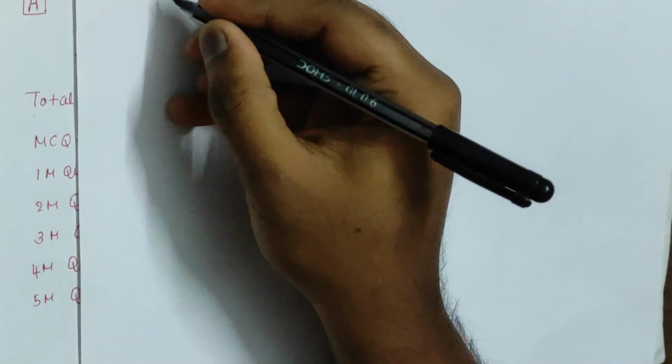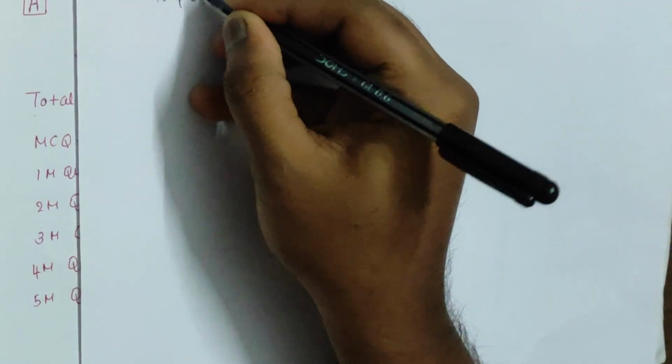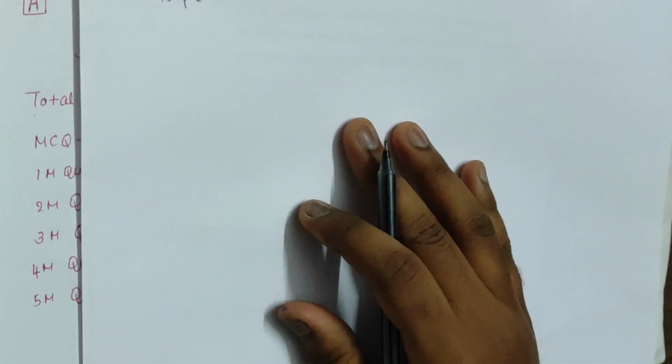So they are given two numbers 15 and 20, and we have to find the product of the HCF and LCM of these two numbers.